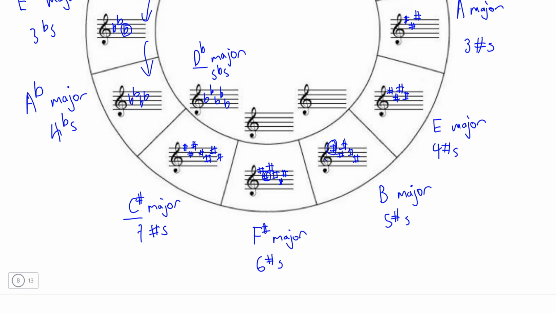If we continue along the circle of fifths using the flats pattern, the same type of alternate spellings of F sharp major and B major also come true.